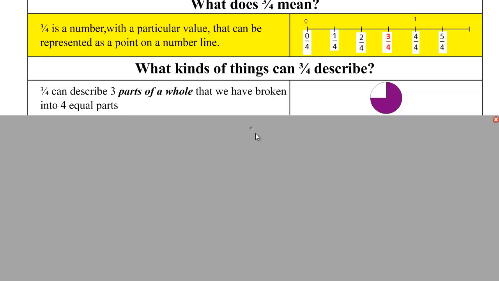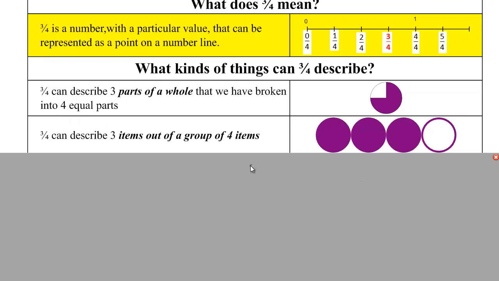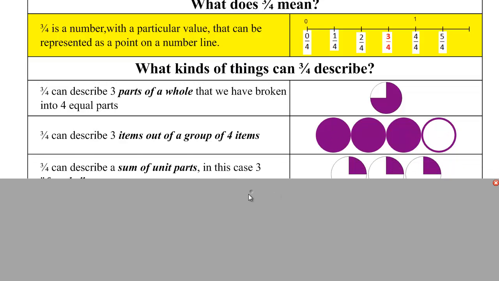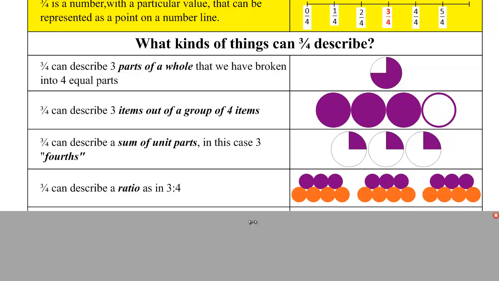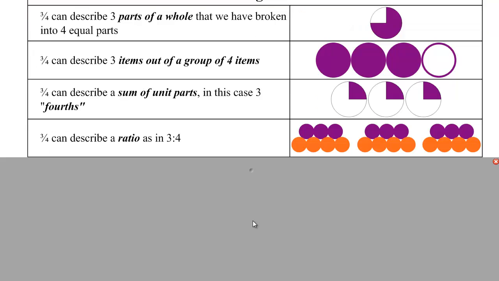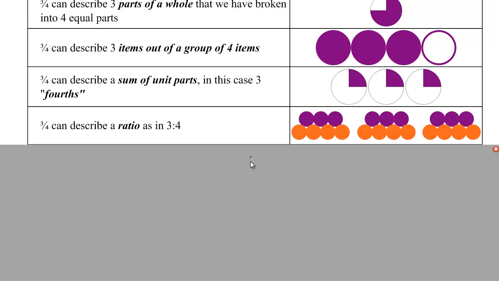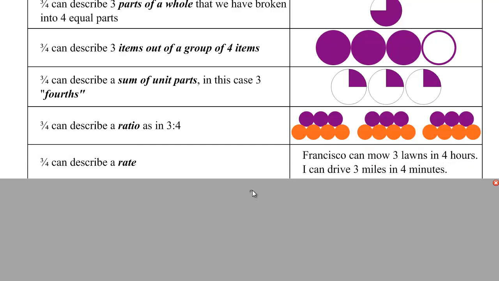But look how differently we can do that. 3/4 can describe 3 items out of a group of 4 items, where now the whole represents all 4 items. 3/4 can describe a sum of unit parts, each unit being a fourth, and in this case we have 3/4 of individual wholes that are 1. 3/4 can describe a ratio, as in 3 purple balls to 4 orange balls. 3/4 can describe a rate, as in Francisco can mow 3 lawns in 4 hours, or I can drive 3 miles in 4 minutes.